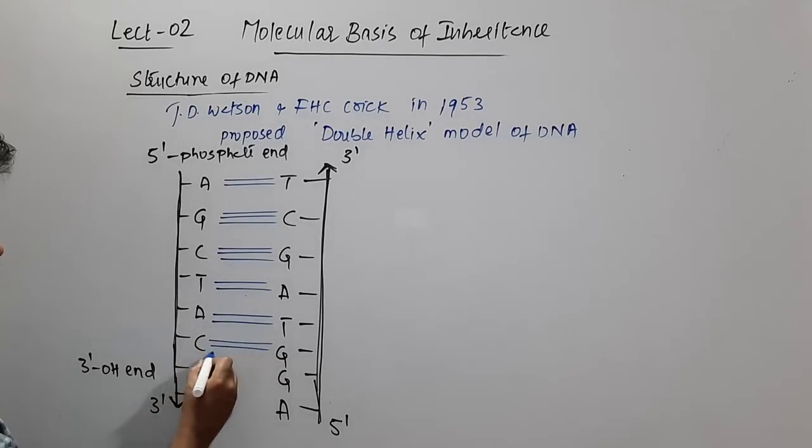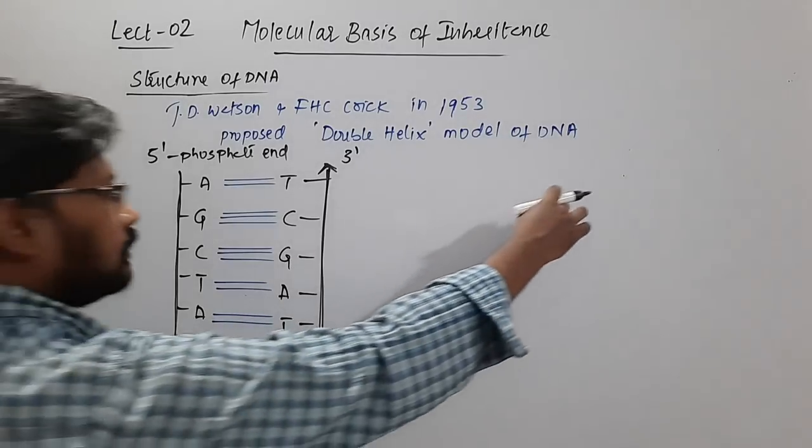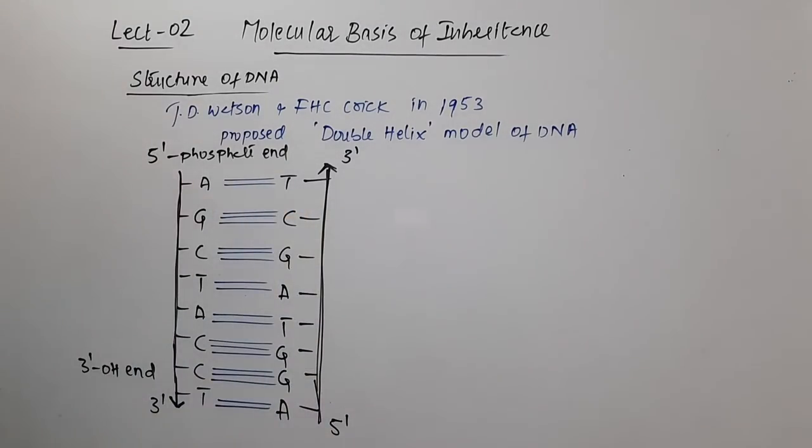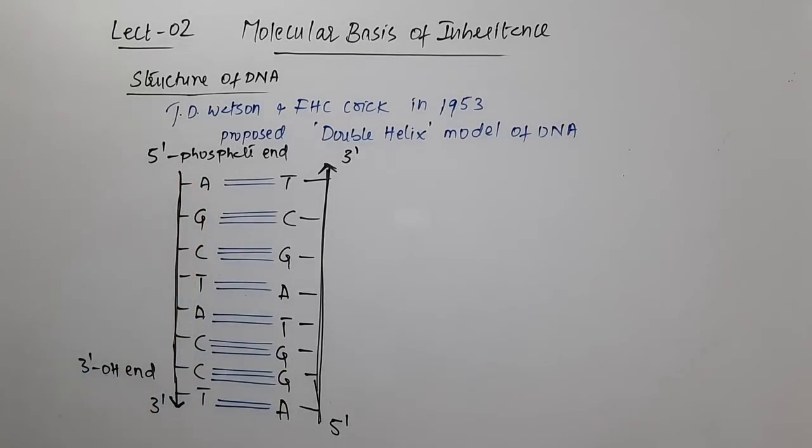So you can see here 3 hydrogen bonds between C and G, and only 2 between A and T, right? Now let us see it at the molecular level. I have just given an idea here. We'll see the molecular level, and one more point before that.